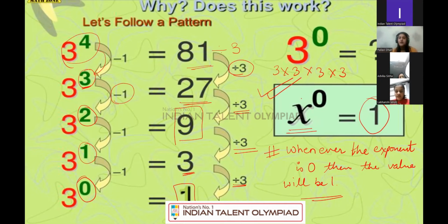Whenever we are subtracting one 3, if I say 3 times 3 times 3, what do we have to do to balance it out? We have to divide by 3, right? Yes. That's how we have done it here. Okay.